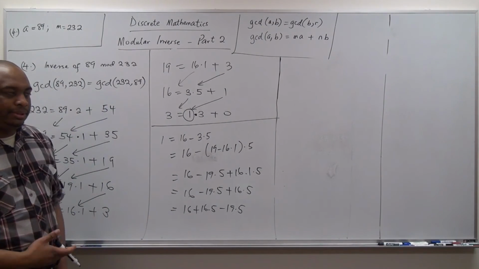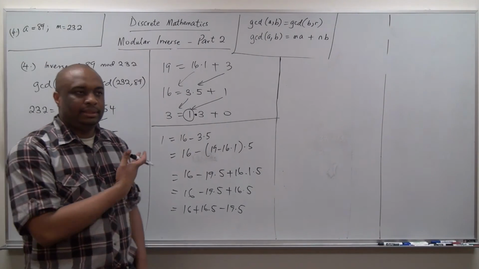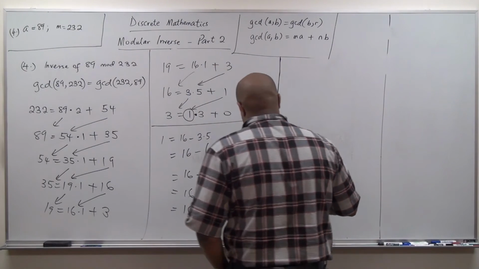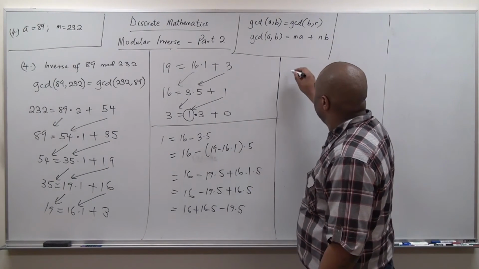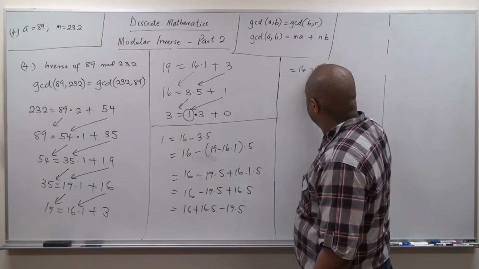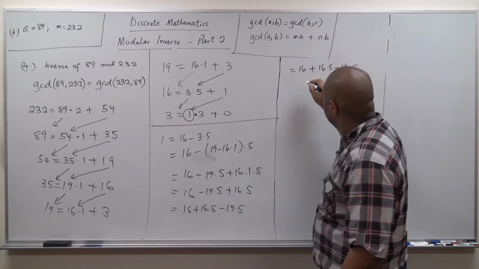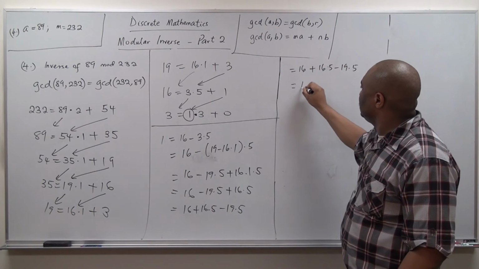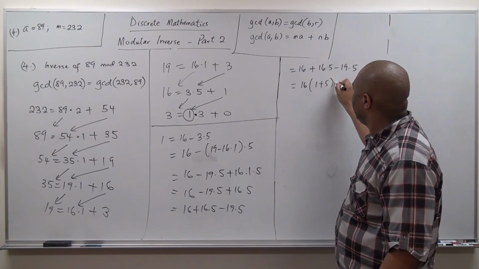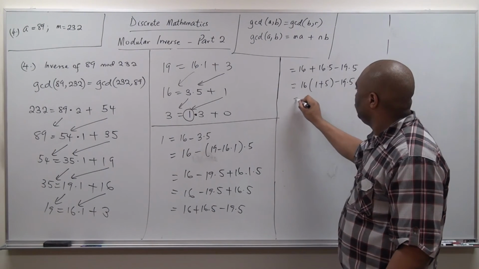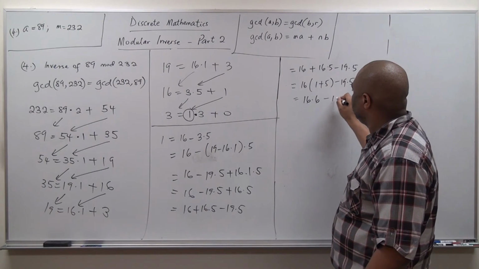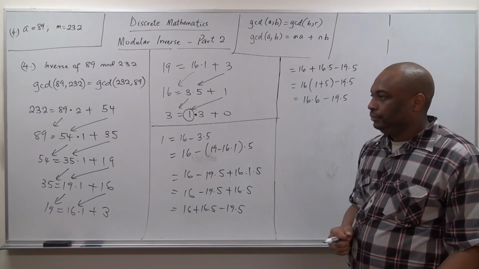Get the like numbers, like constants. So this is now 16 plus 16 times 5 minus 19 times 5, which is 16 times (1 plus 5) minus 19 times 5, which is 16 times 6 minus 19 times 5. Right?